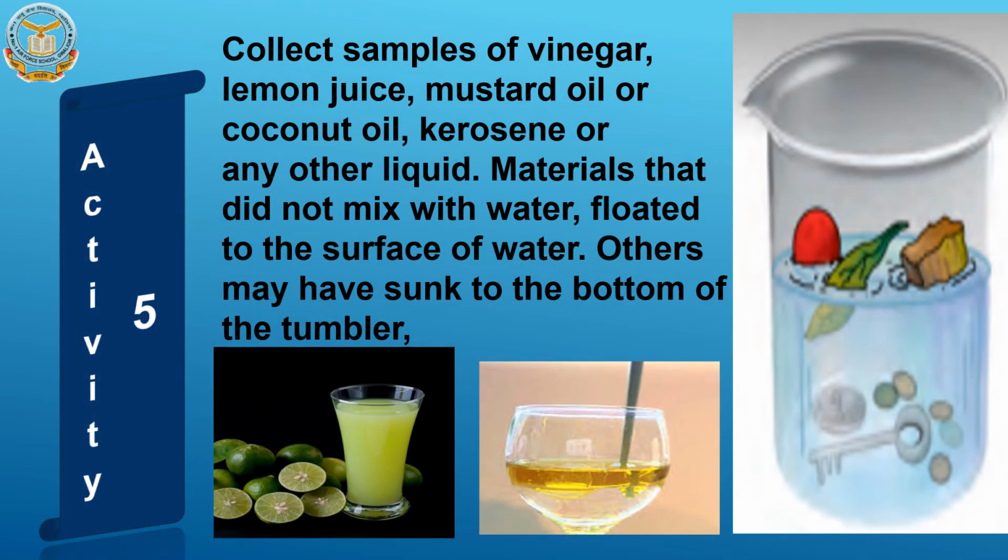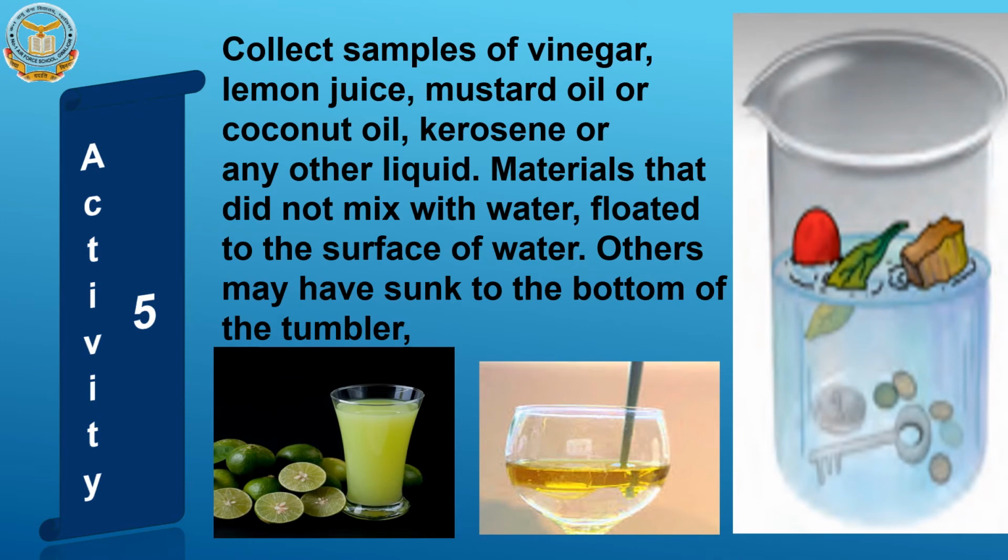Let us take samples of lime juice and mustard oil in two different tumblers. On adding water, we observe that lime juice mixes well with water, whereas mustard oil does not mix with water and remains floated on the surface of the water.